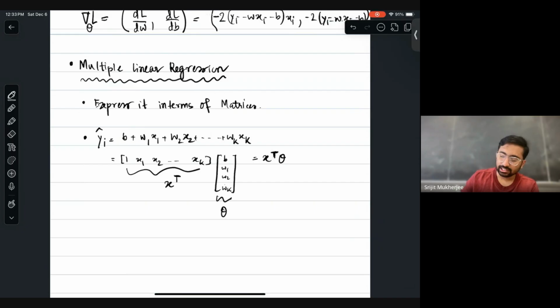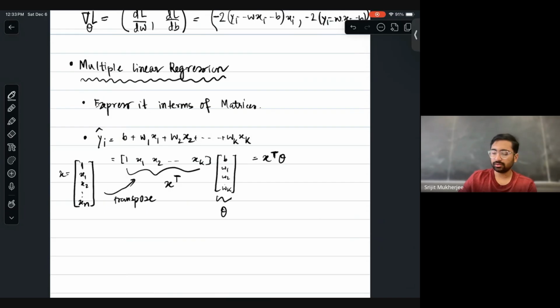So x ideally looks like this, but we are transposing it to make it look like this. Otherwise, the dimensions will not match for matrix multiplication.